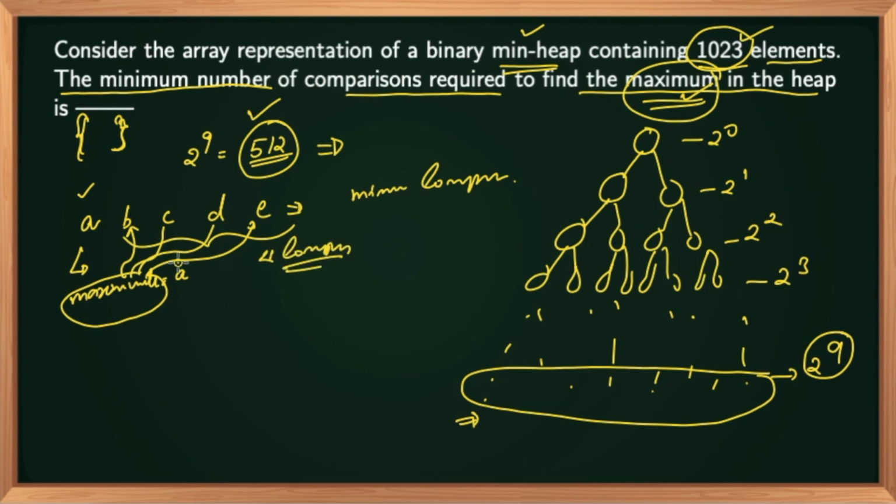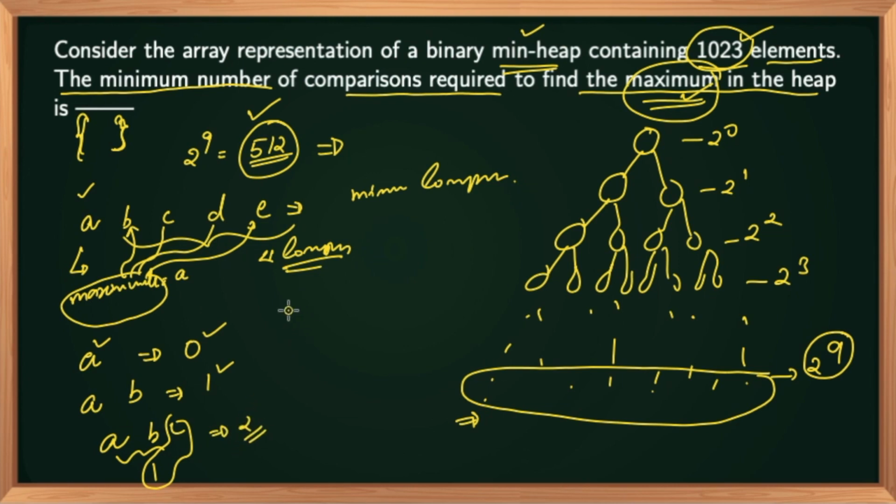So you can even think about it recursively. If you have only one element, then the maximum you can find in 0 comparisons, because you have only one element, then that will be the maximum, right? If you have 2 elements, then you need to do only one comparison to find the maximum, right? If you have 3 elements, then from 2 elements you can find the maximum in one comparison, and again from here you can find the maximum in 2 comparisons.